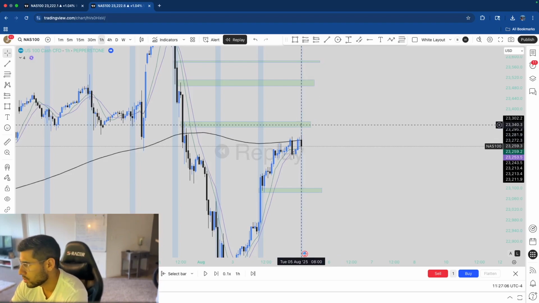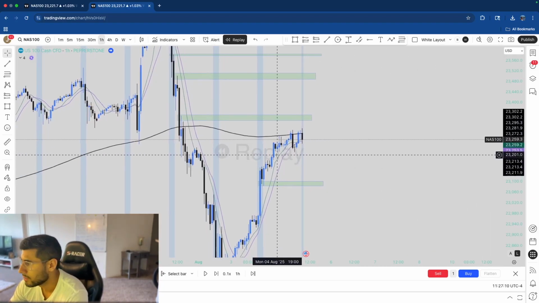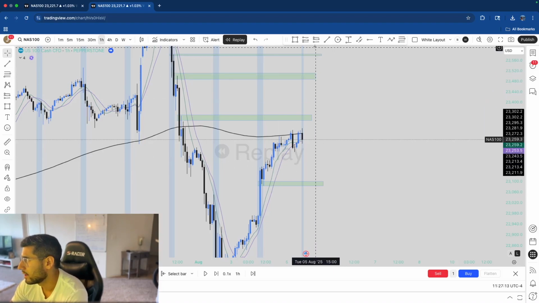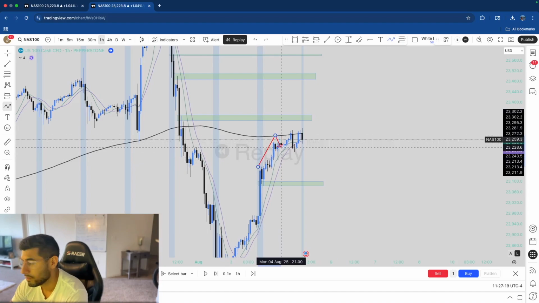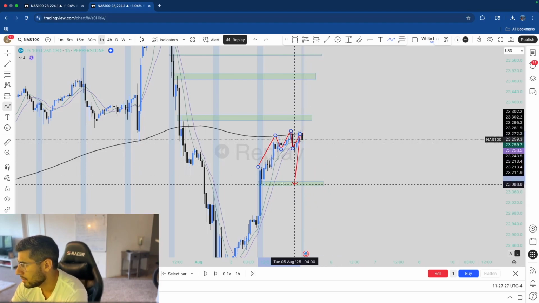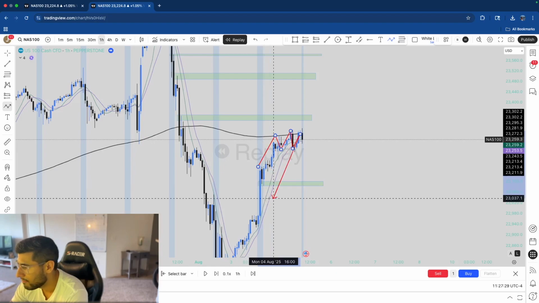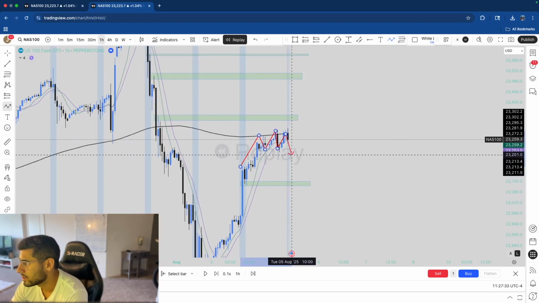But why did we take shorts? Because we were looking for structure to potentially break to the downside. Okay, so you can see structure starting to break here, right? Higher high, higher low, higher high, higher low, higher high. If we took a short to see price come into this important level of liquidity and fill this gap, we would have to see a break of structure to the downside, right?